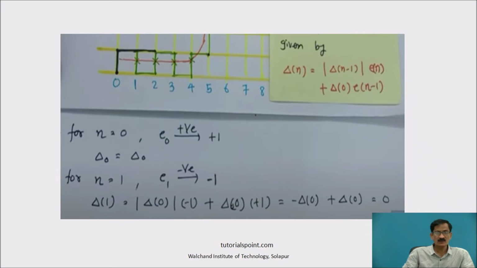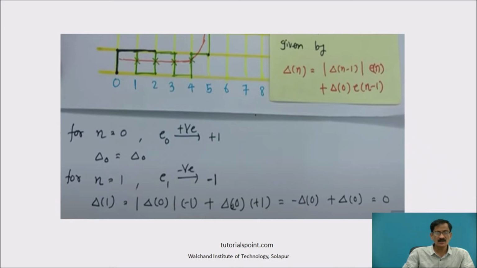In case of n equals 1, the delta 0 will follow from 0 to 1 with a step size shown in this diagram. Now the staircase output is greater than the analog signal at instant 1. So the error signal E1 is negative.